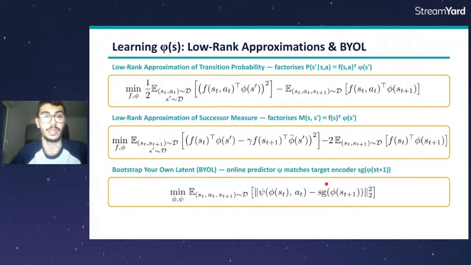SG in here means subgradient. So the idea is that if we want to learn phi of S, we have a lot of methods, and we can get inspired from any representation learning method out there. We can use autoencoders, transition models, contrastive learning, and we can use JEPA models as shown recently. All of this can be used to define successor features later on.